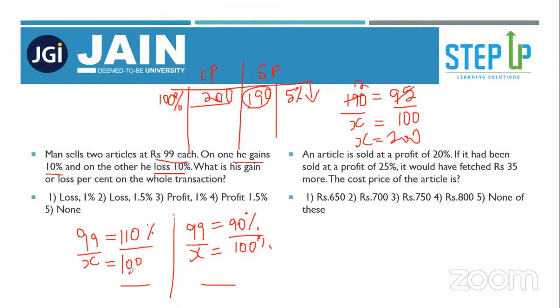The first one is 90. Yes, good. The second one is 110. That's good. Okay, that was good.